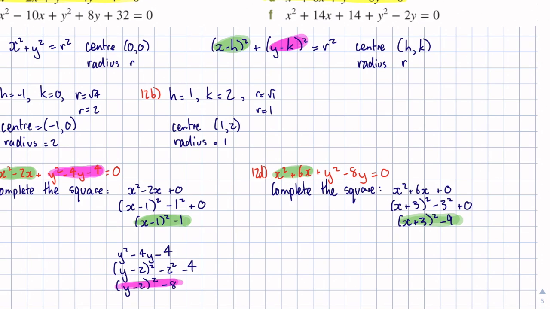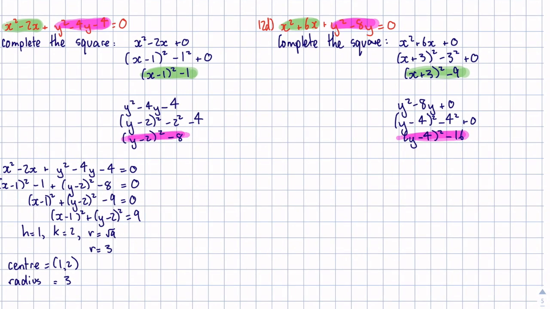Now, I've got y squared minus 8y plus 0. There's no random numbers there. So that's the same as (y minus what's half of 8?) 4 squared, minus that 4 squared plus 0, which gives me (y minus 4) squared minus 16. So that's what I'm going to use there.